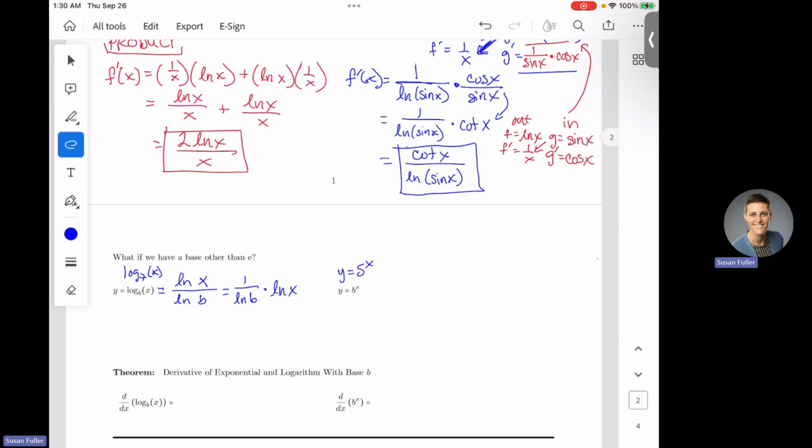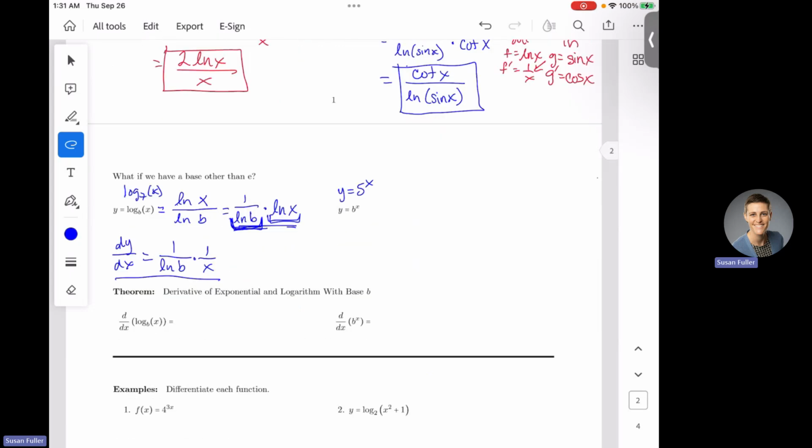If I write my change of base this way, then to take the derivative, dy dx is going to be 1 over ln b, which is just a number and comes along for the ride, times the derivative of ln x, which is 1 over x. This is the derivative of log base b of x.